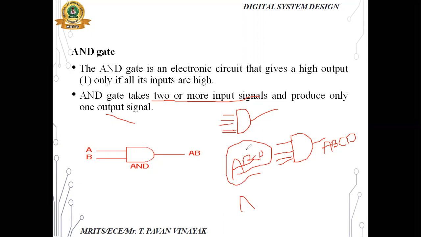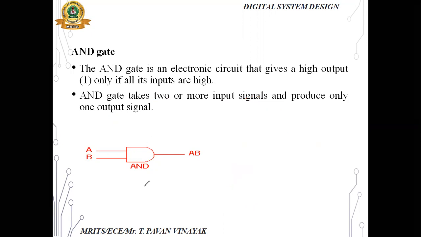If I have only two input AND gates, but the expression is A, B, C, D, what we have to do? First perform the AND operation for these two, and another AND operation for these two, because I have only two input AND gates.